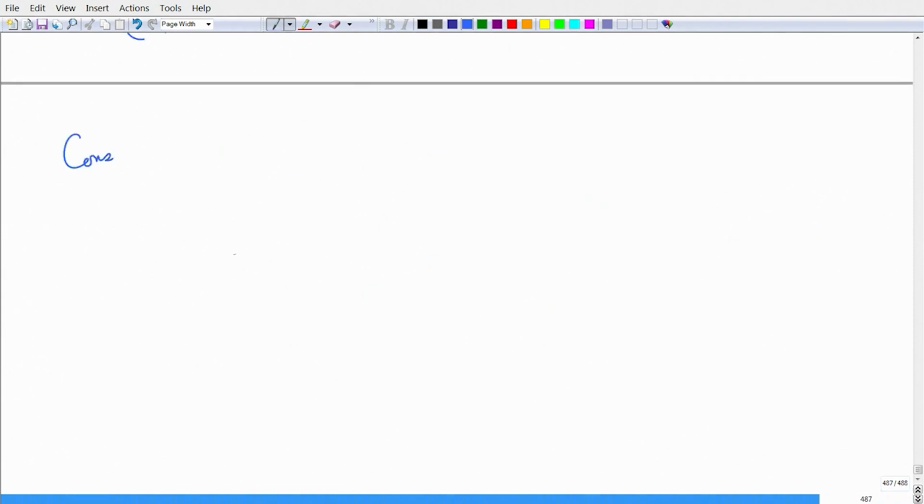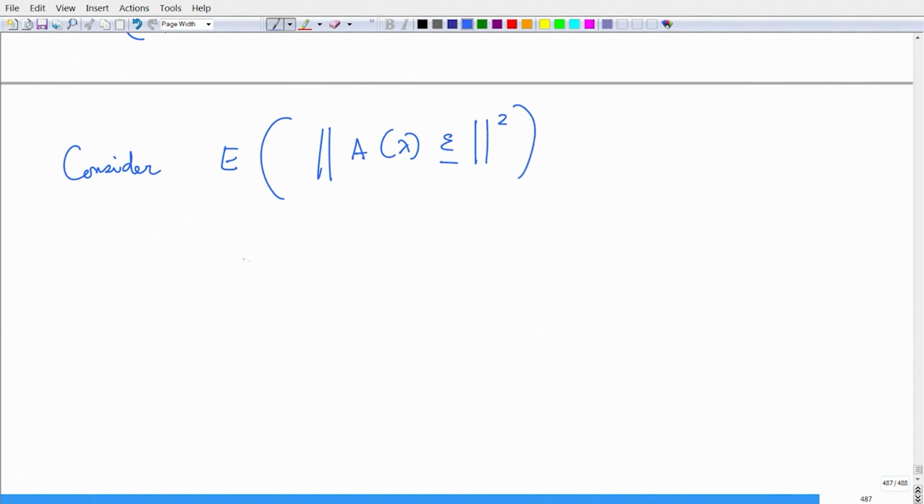So, let us consider expected value of the norm of A of lambda times epsilon, this squared. Now, I can write this as expected value of epsilon transposed times A of lambda transposed times A of lambda times epsilon.